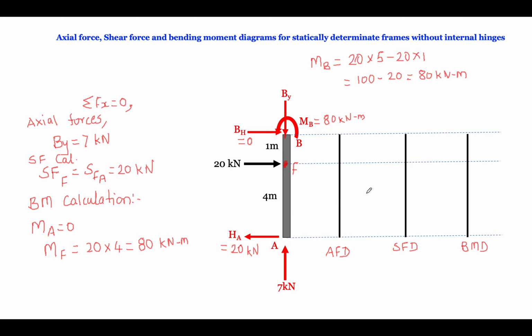So we will draw it, suppose we said this is inside. Okay, we have to draw it inside. So our frame is actually like this, and if this is the member AB, we should draw it inside. I am just drawing it, 7 kilonewton here.